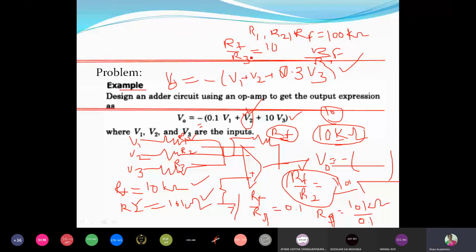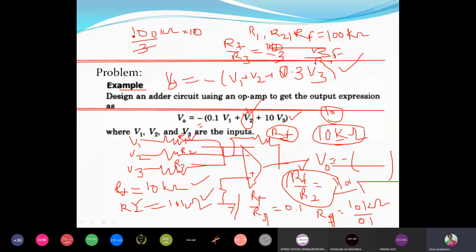RF by R3 is equal to 0.3, right? Then R3 is equal to RF by 0.3. That means 100 kilo ohms divided by 0.3, which means 3 in the denominator into 10 here.